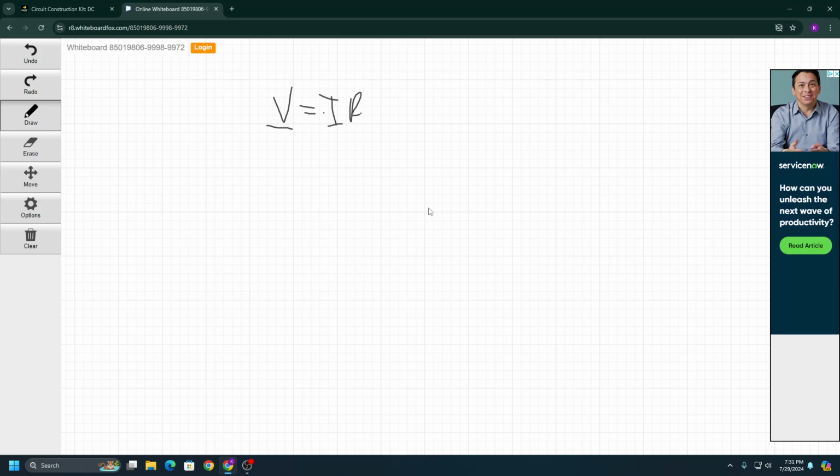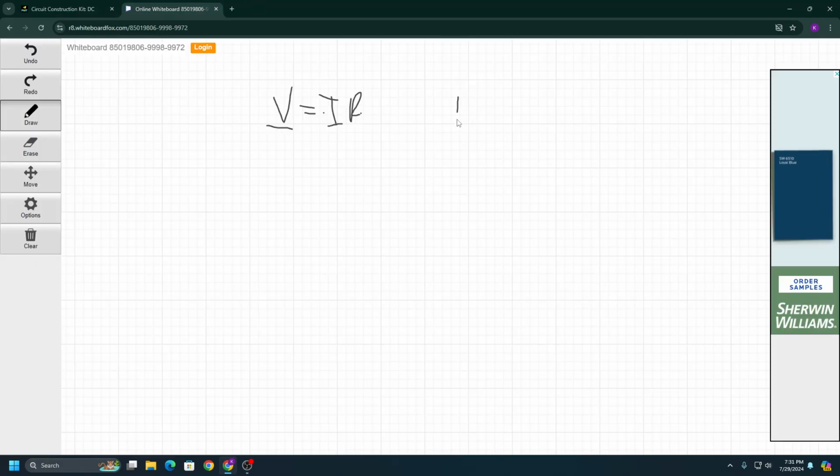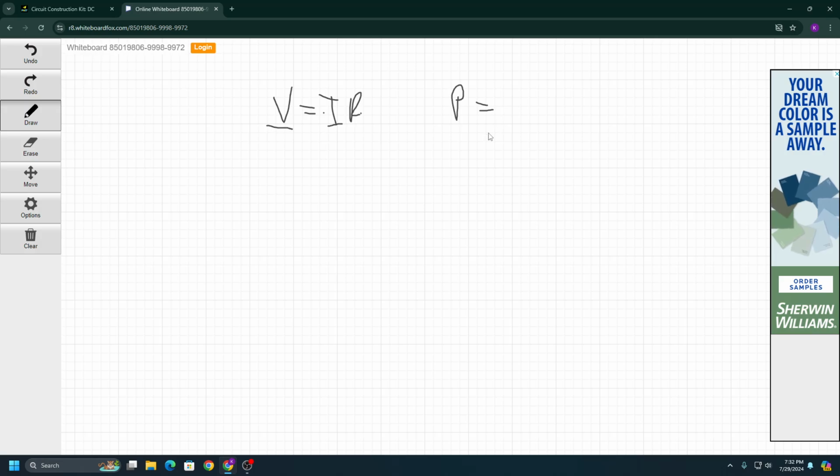Now, really, the brightness is determined by power. Power is really just work over time. It's the rate at which work is being done, or at which energy is being transformed. The work being done is going to be Q times V, the electric potential energy drop.